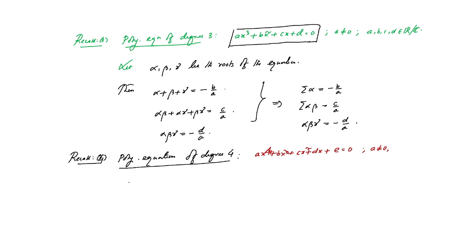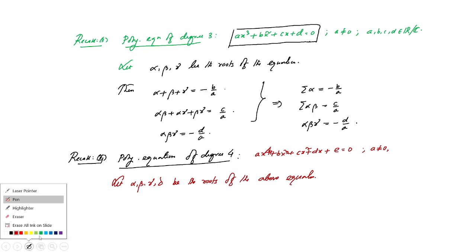So here it is our polynomial equation of degree 4. It has 4 roots. Let alpha, beta, gamma, delta be the roots of the above equation. Now the question is, what should be the relation between roots and coefficients?